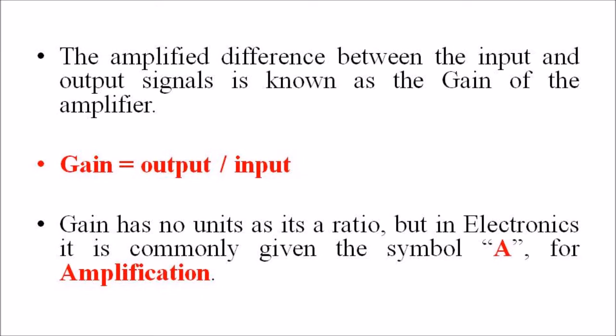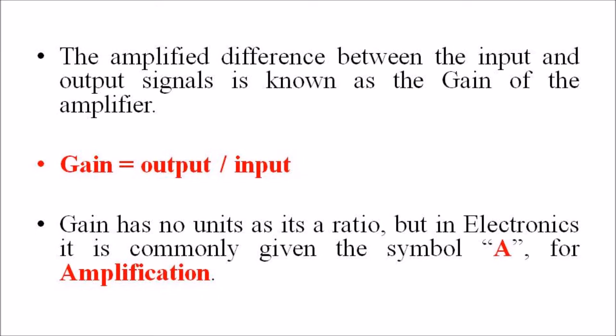For example, if we have an input signal of 1 volt and the output is 50 volts, then the gain of the amplifier would be 50, or in other words, the input signal has been increased by a factor of 50. This increase is known as gain.